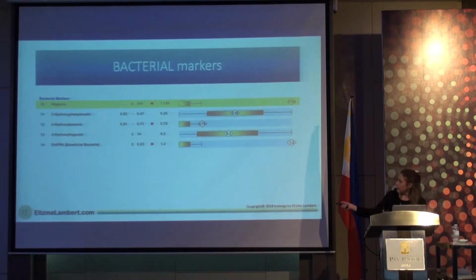So hippuric acid, which is the one that I highlighted there at the top, is probably the most common marker that comes up with gut dysbiosis associated with bacterial overgrowth. And pretty much what happens is when bacteria break down dietary polyphenols, which are just substances you get in a lot of fruits and vegetables and tea and things like that, they produce benzoate or benzoic acid, which is then conjugated with glycine in the liver.